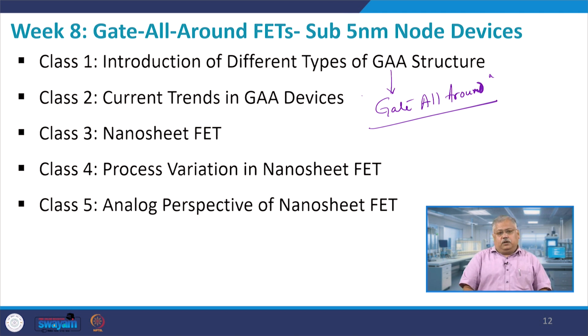This is coming up in a big way, and by 2027-28 we would actually see its maturity levels going very high. We will look into the process variations in nanosheet FET, and as an example of nanosheet FET we will take up an analog perspective of nanosheet FET, right. We will see how analog performance happens in nanosheet FET.